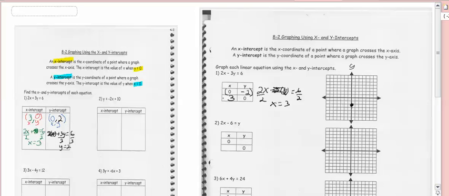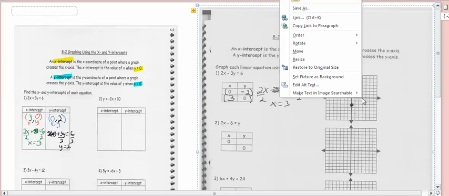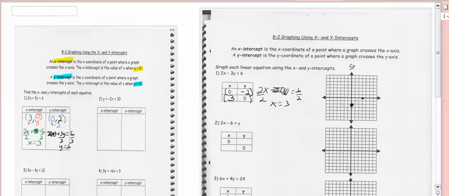So now I'm going to use that ordered pair to graph. So it's 3 on the x, 1, 2, 3, and I'm not going up on my y, I'm staying there. So I can use these 2 ordered pairs to graph. So instead of using slope-intercept form, I can graph by using my x and my y-intercept.